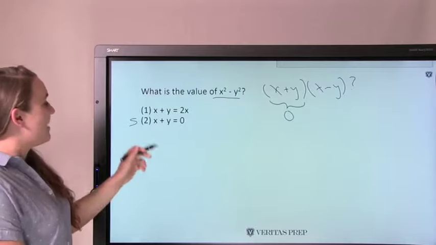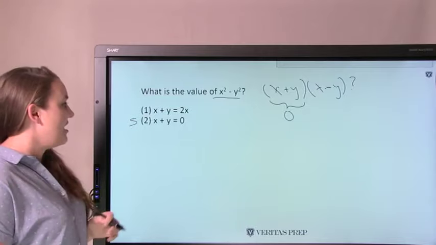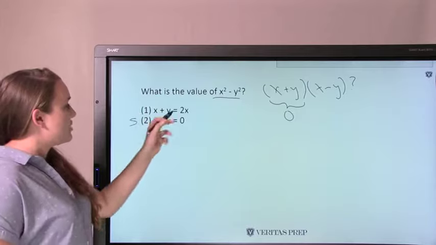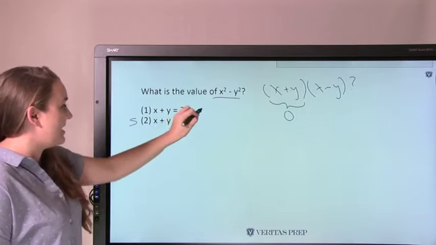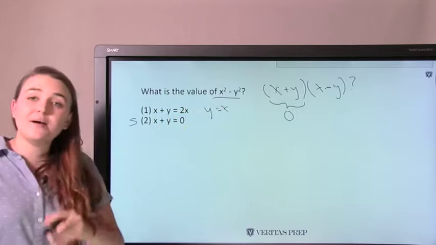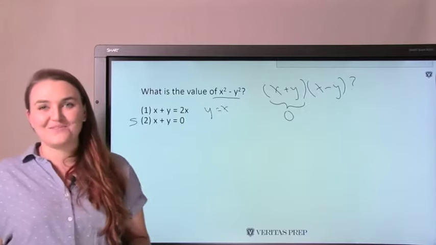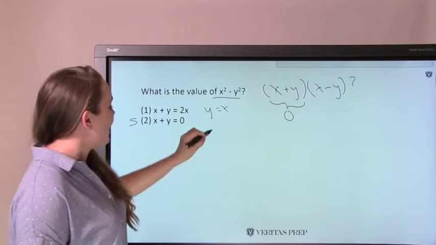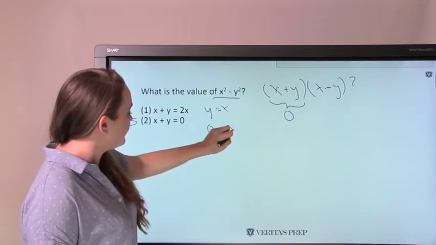And I can do that by adjusting what I have here, either by subtracting x to get to the fact that y equals x, or by taking things a step further, as we've seen here in the chat, and recognizing that then 0 equals x minus y.